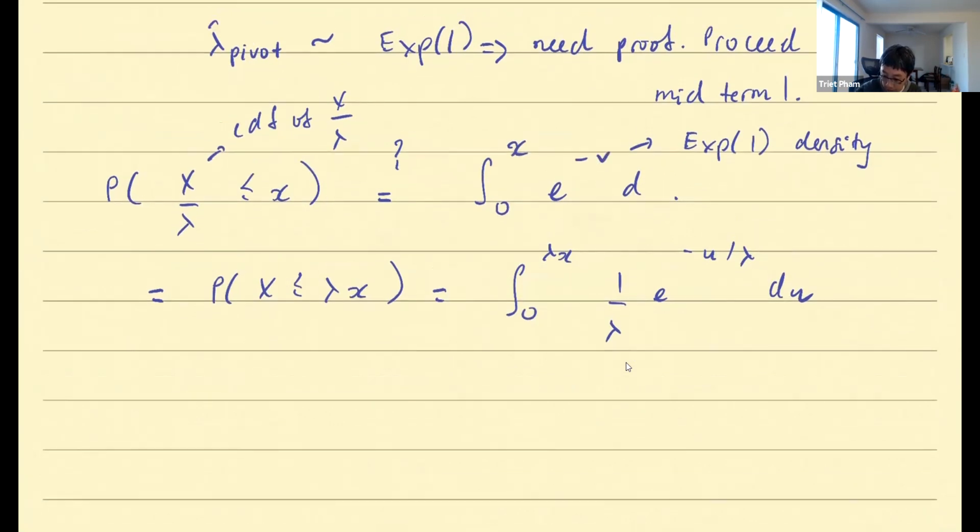Let me say V here. What's your change of variable? Correct. Question?